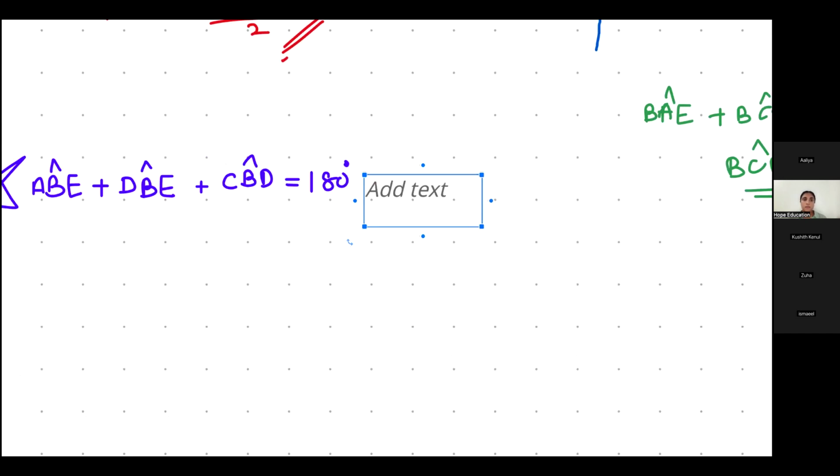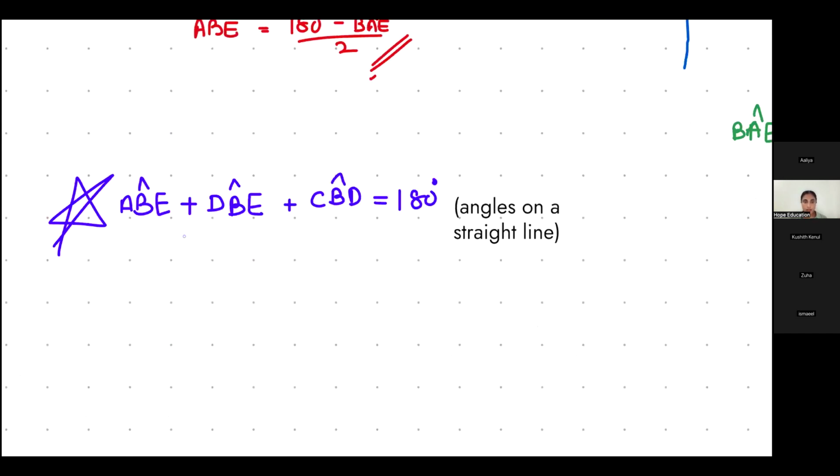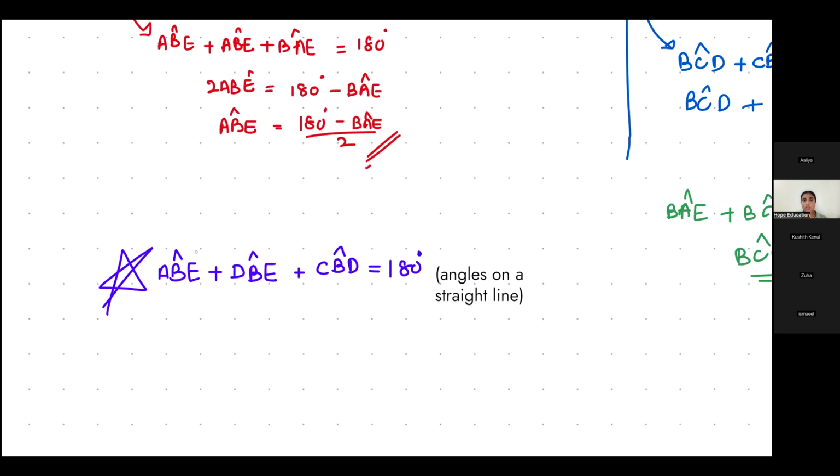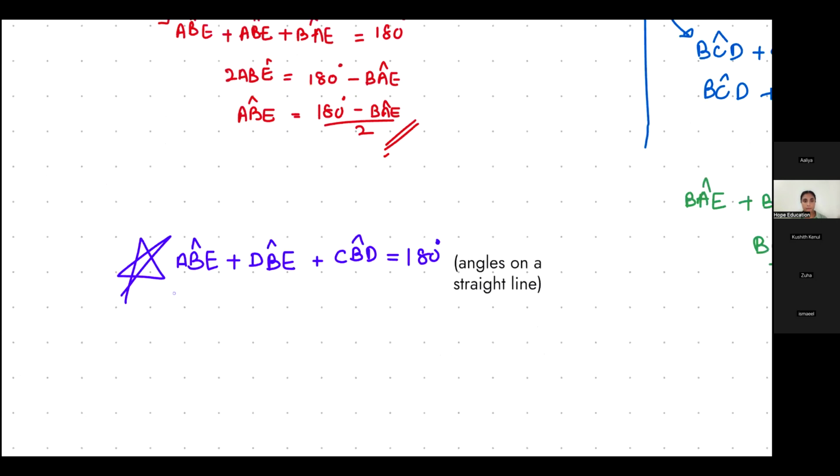So look, instead of ABE, now ABE is equal to this, right? ABE is equal to this. So I can write, instead of ABE, 180 minus BAE divided by 2.